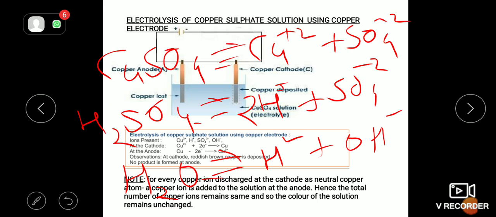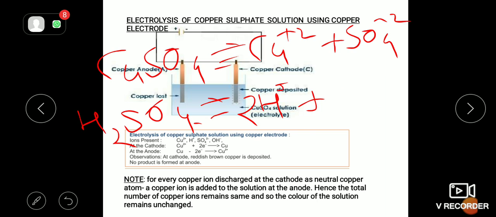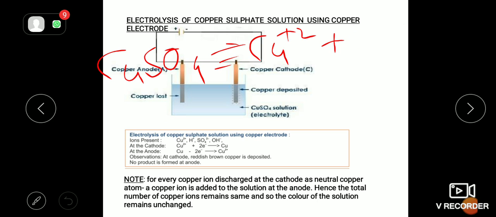As I read right now, you can clearly see hydrogen is above copper in the electrochemical series. Therefore, among hydrogen and copper, copper will be deposited. And among sulfate and hydroxide ion, the hydroxide ion will be discharged because it is lower than sulfate ion in the electrochemical series.